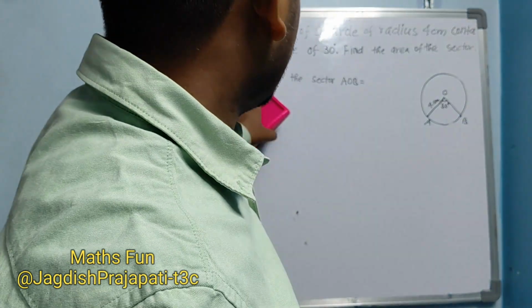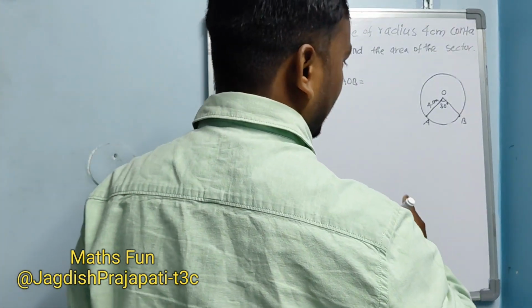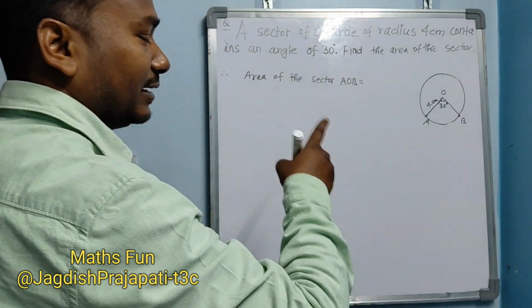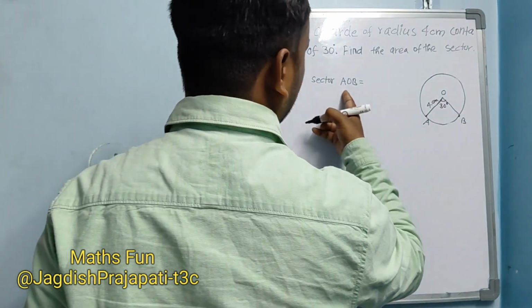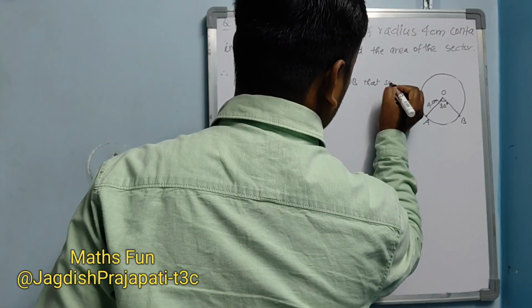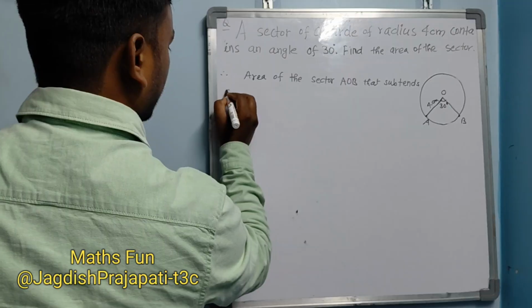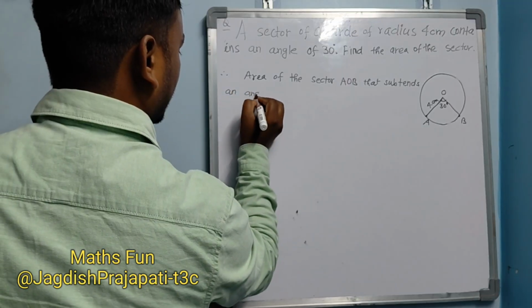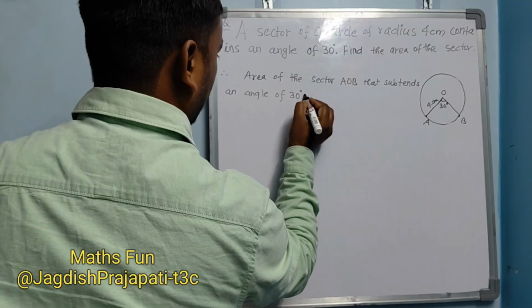So area of the sector AOB that subtends an angle of 30 degree at the center.